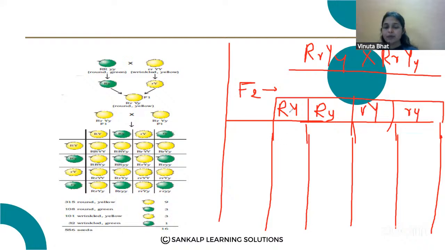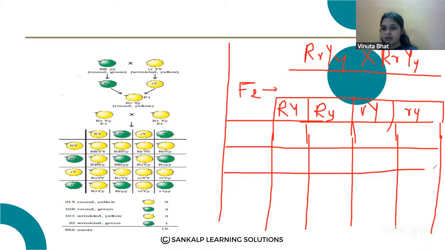When these gametes are crossed with the same gametes produced by the plants, here also capital R capital Y, capital R small y, small r capital Y, and small r small y.